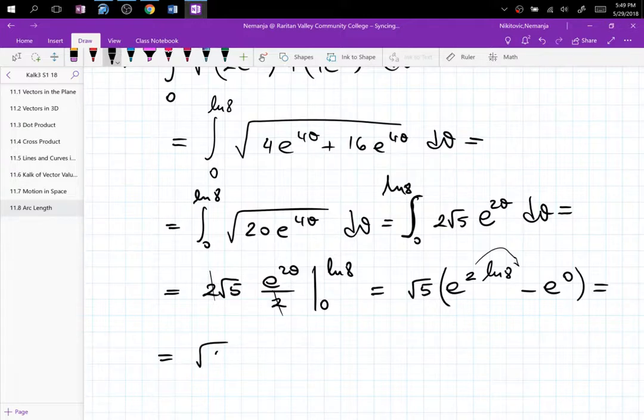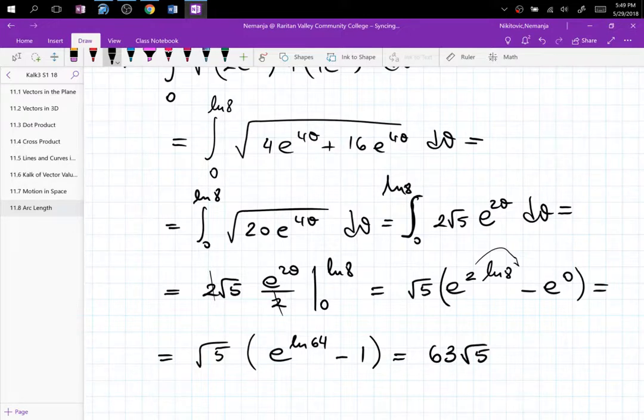So it's root 5, minus 1. And then that's 63 root 5. Are we all green? 63 root 5? So that's the integration part.